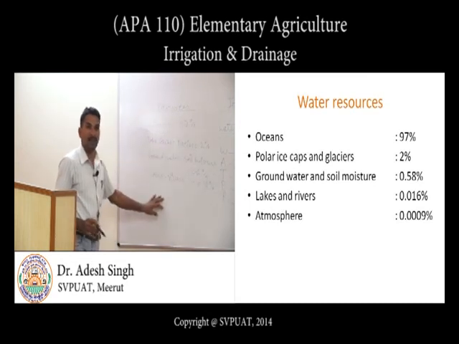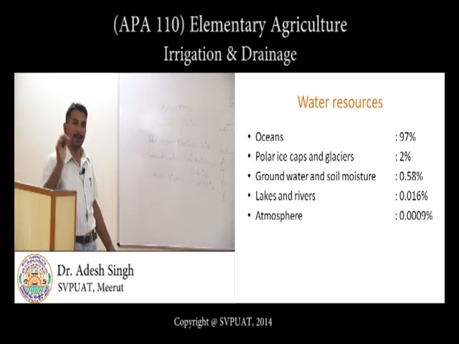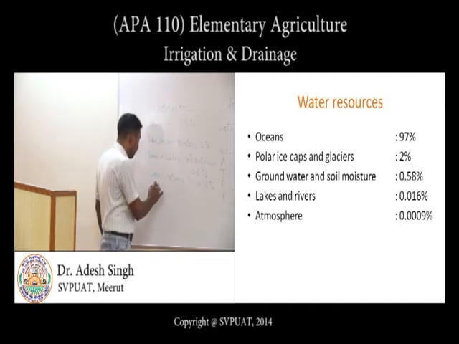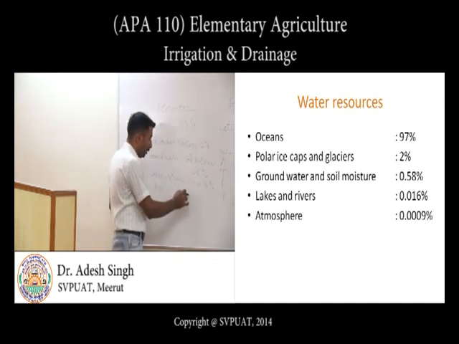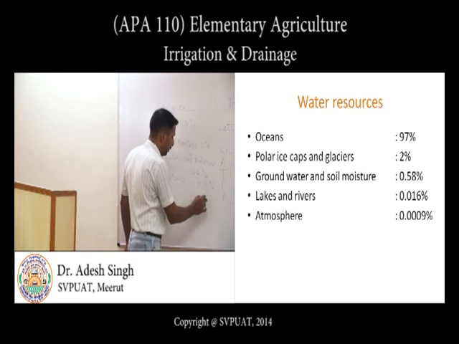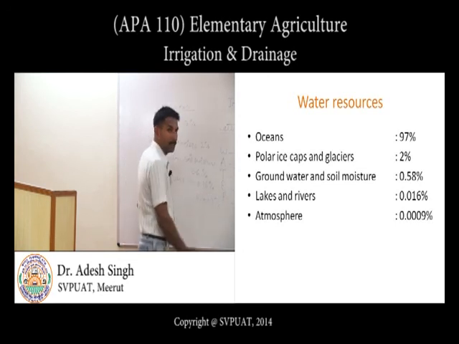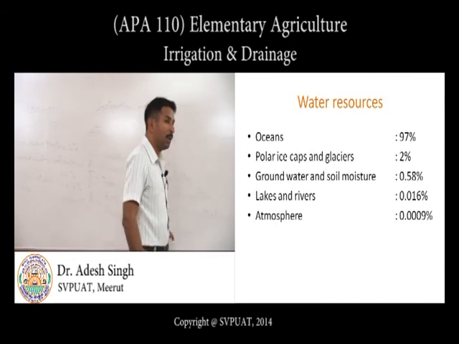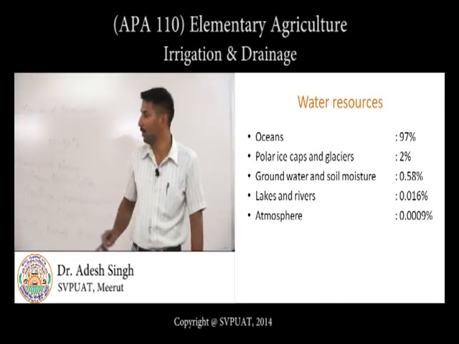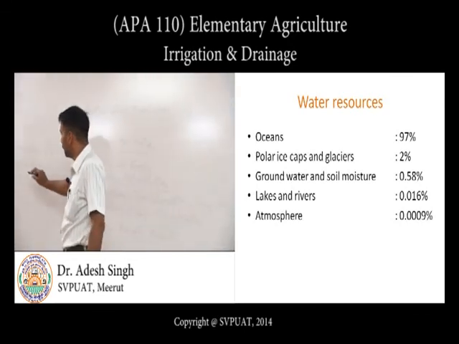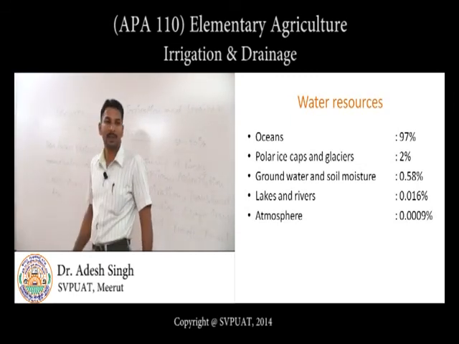And certain water is also present in the vapor form in the atmosphere, about 0.0009% only. Clear? So for plant life, our emphasis is on either groundwater or soil moisture.